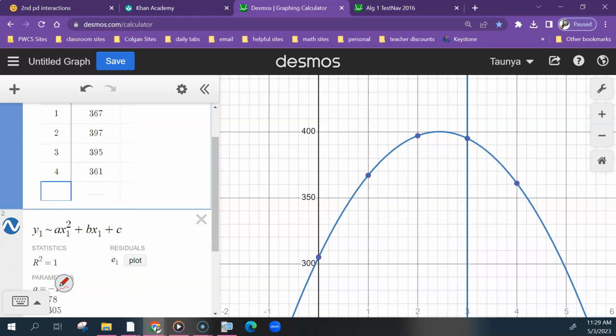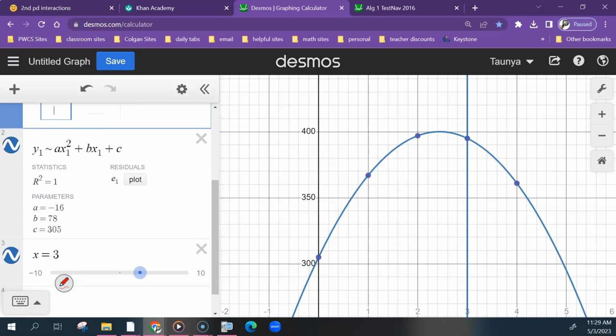You may have to hit the magnifying glass. That way it zooms out because the numbers are big in the 300s, almost 400s. Your equation is y equals negative 16x squared plus 78x plus 305.